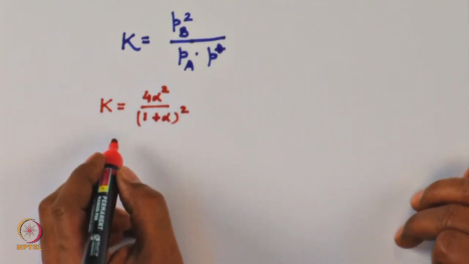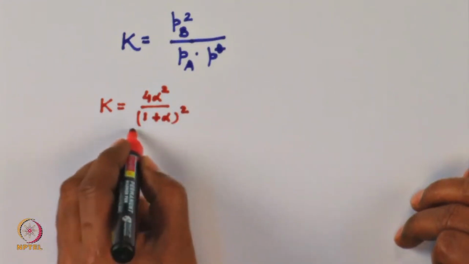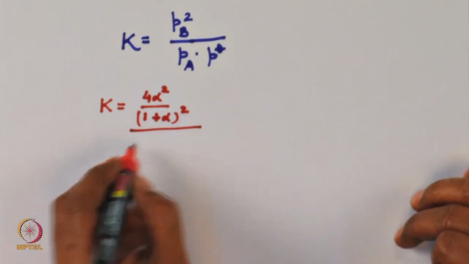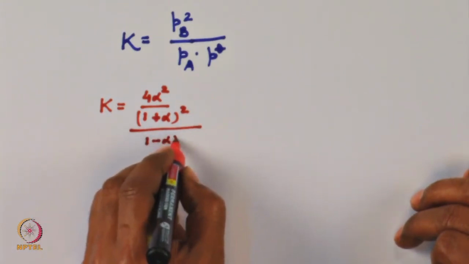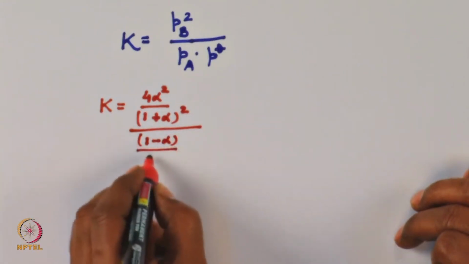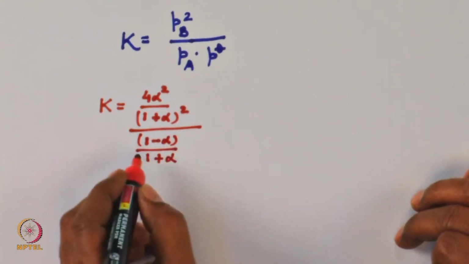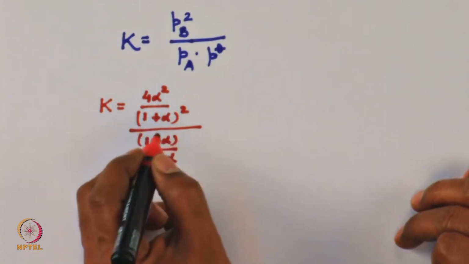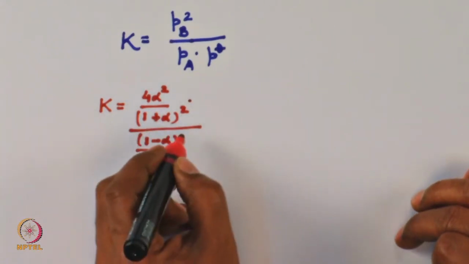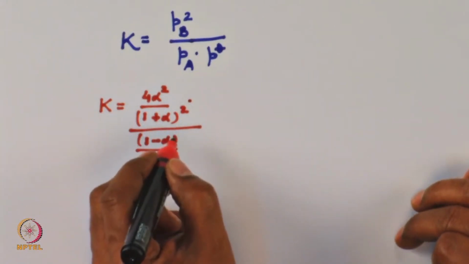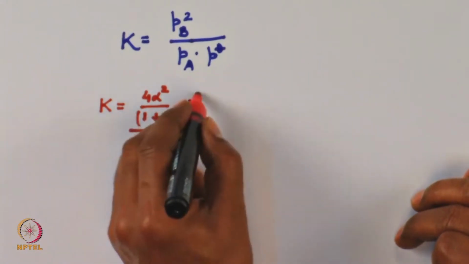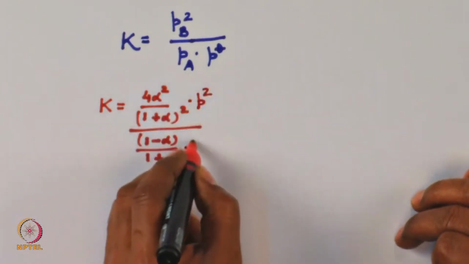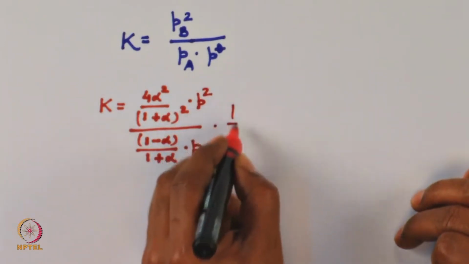This is P_B square divided by P_A. P_A is (1 minus alpha) over (1 plus alpha) and into this P square into P into 1 over P naught.